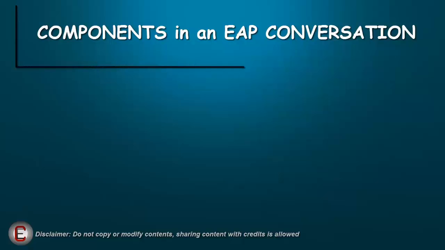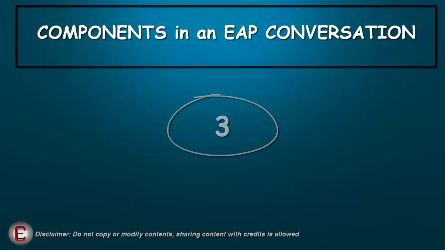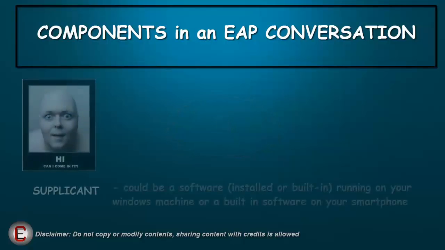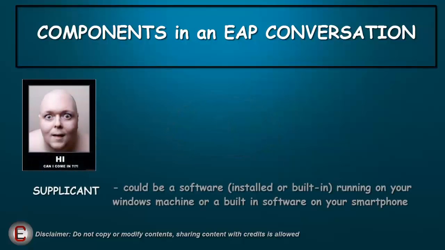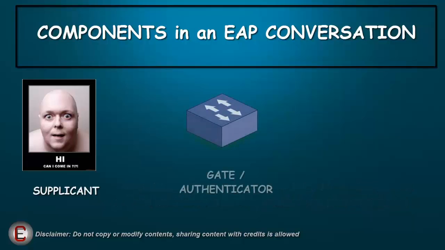So who does all of this transmit and receive? There are three components in this conversation. The supplicant. This could be software installed or built-in running on your Windows machine, or built-in software on your smartphone. In simpler words, someone who wants access to the network and approaches the gate for network access is a supplicant. What is this gate?